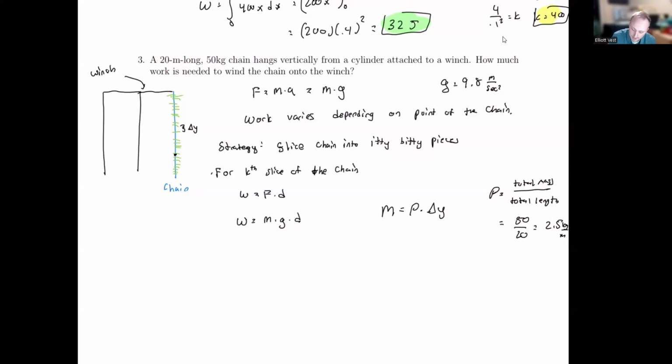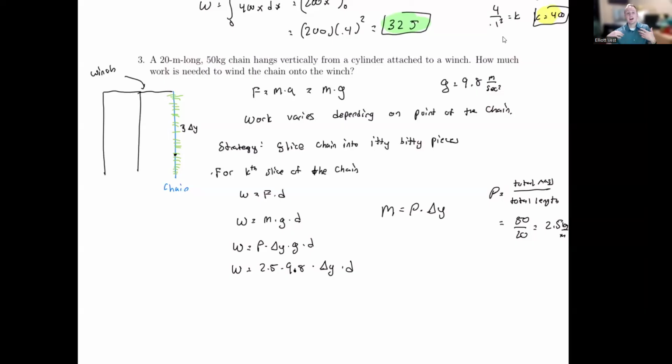So combine that together, I have W is equal to rho times change of y times g times a distance down from the chain, or W is equal to 2.5 times g, which is 9.8, so I'll put that in there as well, times change of y times d. Those are the things we don't know so far.